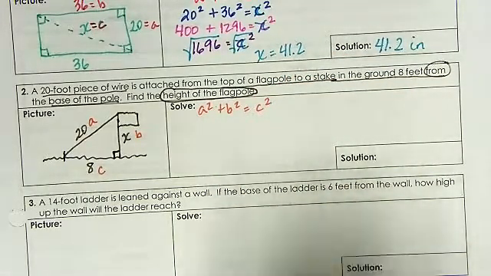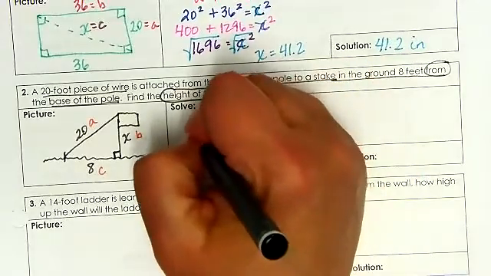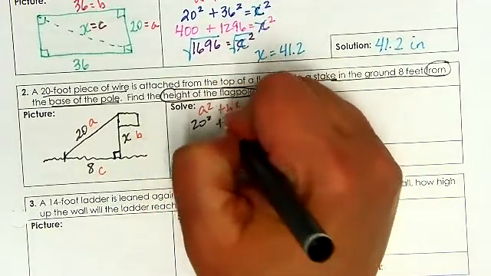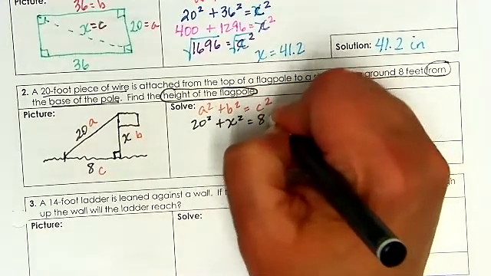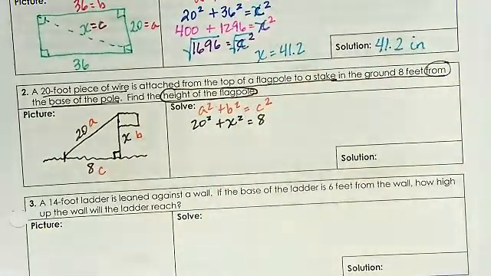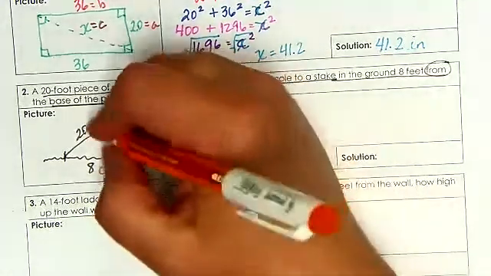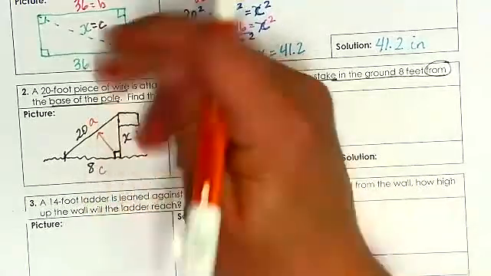Plug them in. So I'm going to have 20 squared plus X squared equals 8. Oh, look at the mistake I made. I did not label this correctly. When I look at this, 20 is the side opposite the right angle.